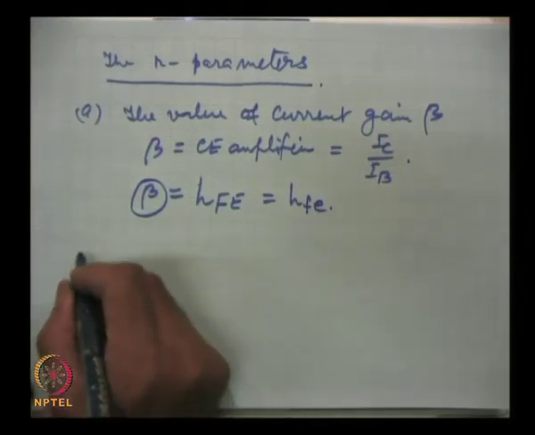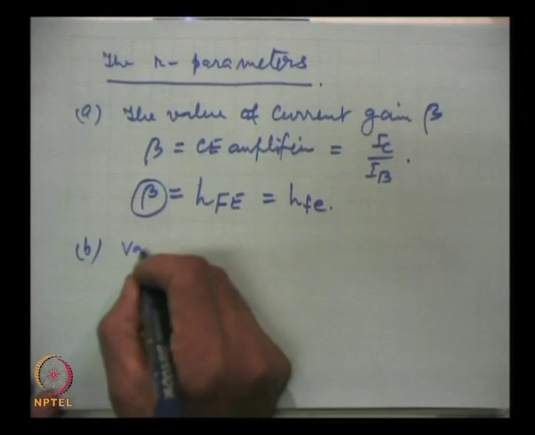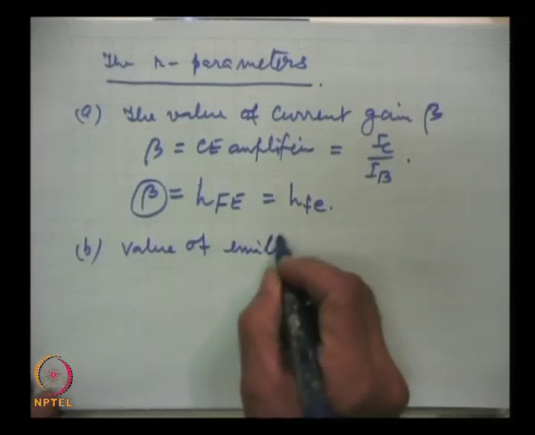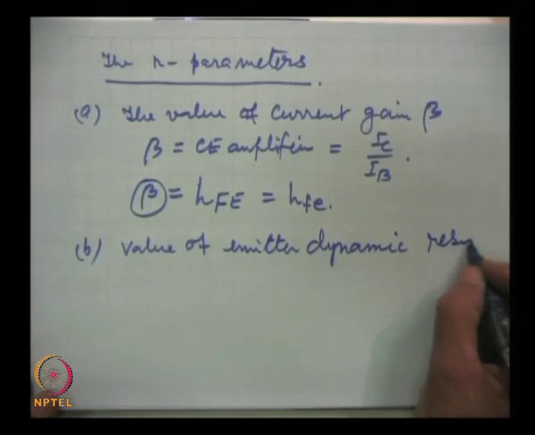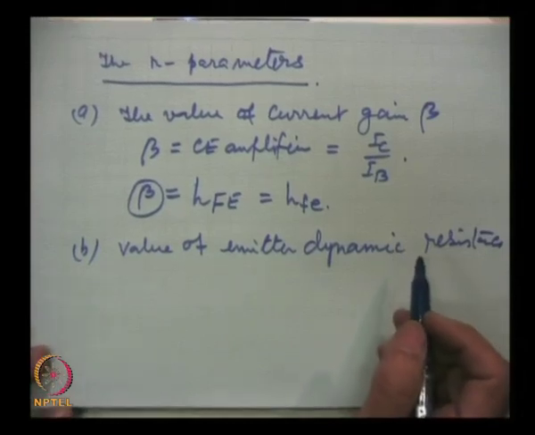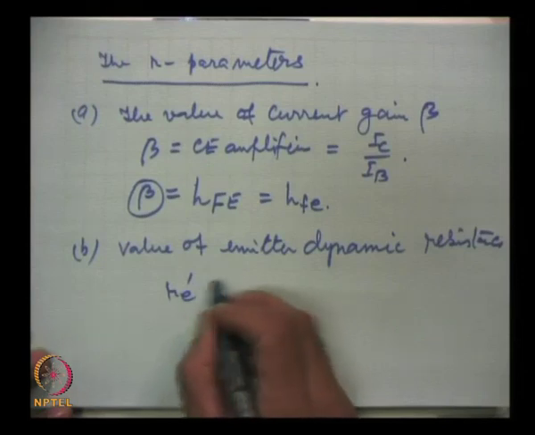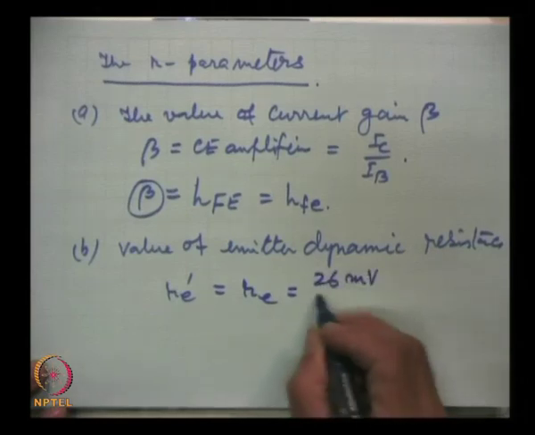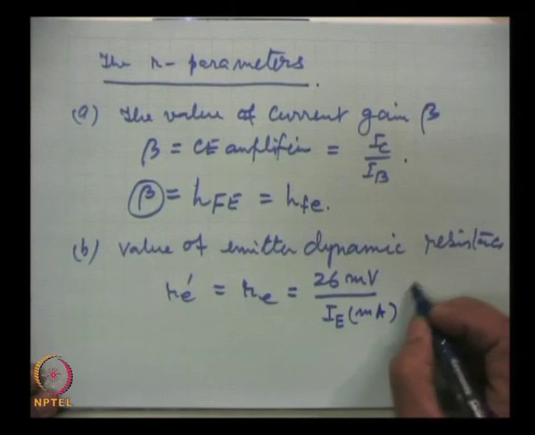The other parameter which is required for this R parameter analysis is the value of emitter dynamic resistance, which we have talked about earlier also when we developed the small signal model of the transistor, and this is R E prime, which is sometimes written just simply R E, and this is 26 millivolts by I E in milliamperes, then it is the value in ohms.